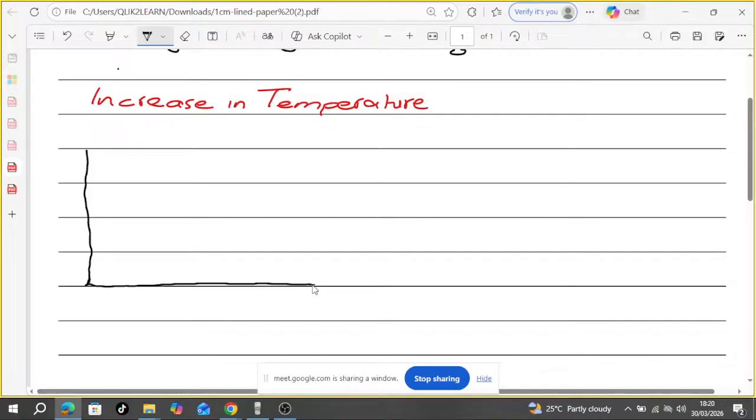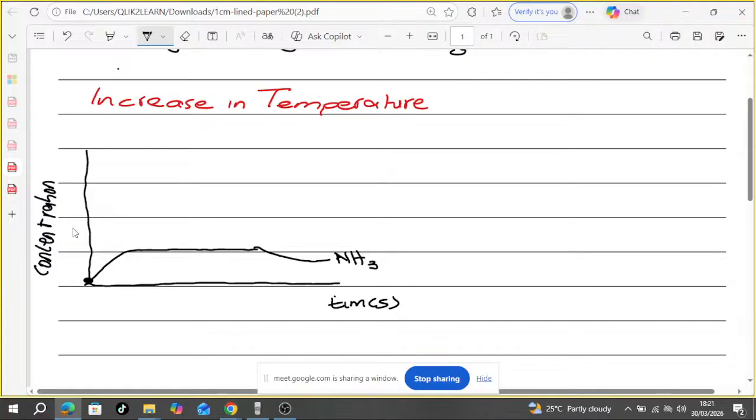Remember, the product starts from 0, then reaches equilibrium, then something happens here. This will be my NH3. This is the concentration, and this will be my time in seconds.